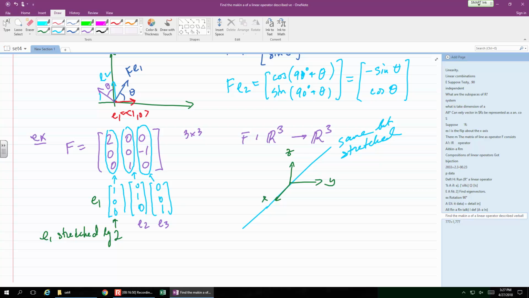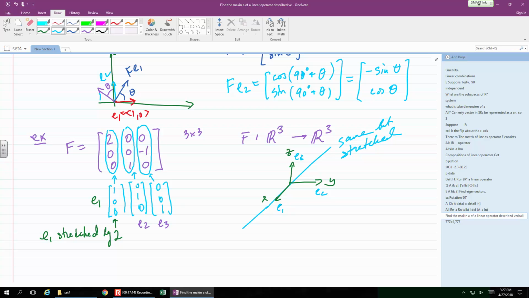Okay, and what about the other one? So once again, we have E1, E2, E3. E1 has been stretched. Okay, E2, what happened to E2? It has become E3. Okay, what about E3? Flipped E2, right?